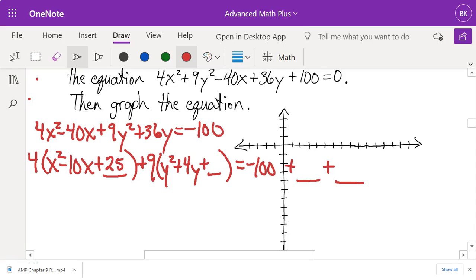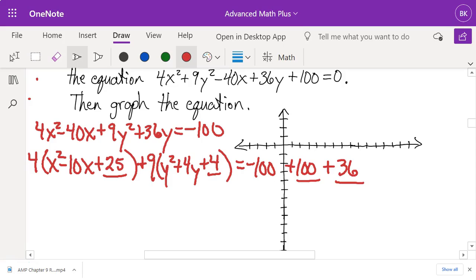We have to distribute that 4, so we're not just adding 25 once, we're adding 25 four times. So over here we add 100. In this one, divide 4 by 2, which is 2. 2 squared is 4, but we added a 4 nine times, so we actually added 36. So over here, it's got to be 36.